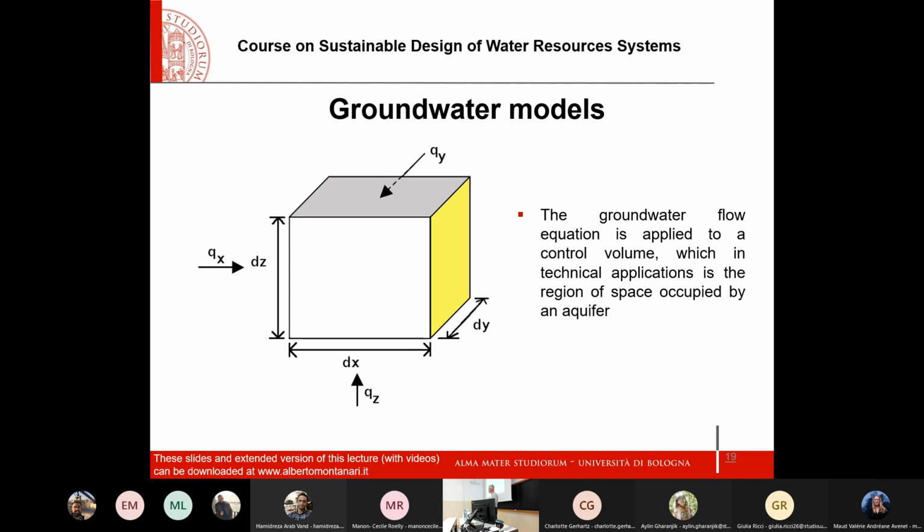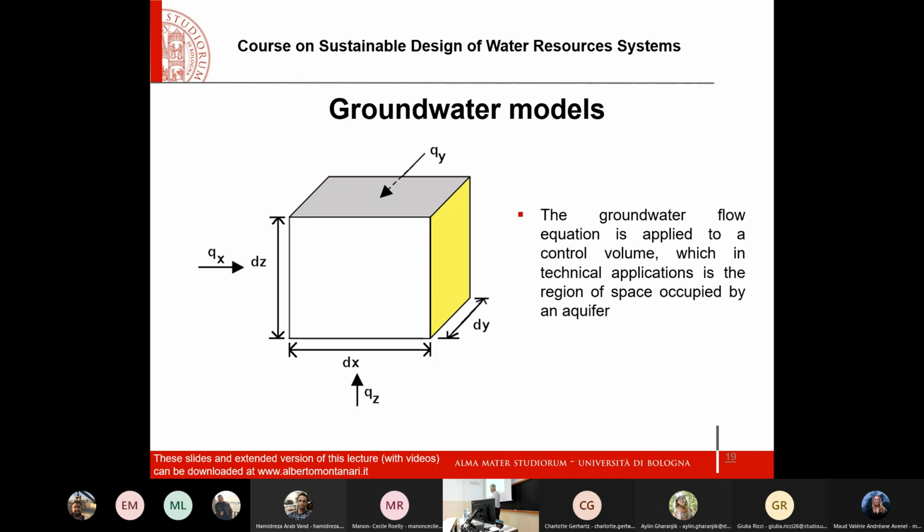Because this elementary volume is not necessarily saturated, okay? It is an elementary volume of soil through which we have flows. So if you assume that the gray face is the face above, you may have infiltration from above, yes?